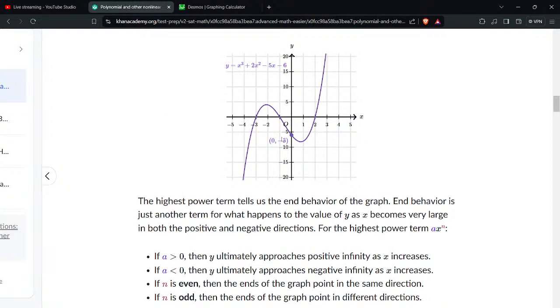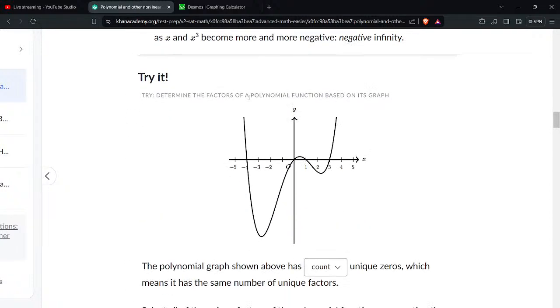If a is greater than 0, then positive infinity. If a is less than 0, then negative infinity. If n is even, the same direction, but if odd, different directions. Man, okay, this is easy.